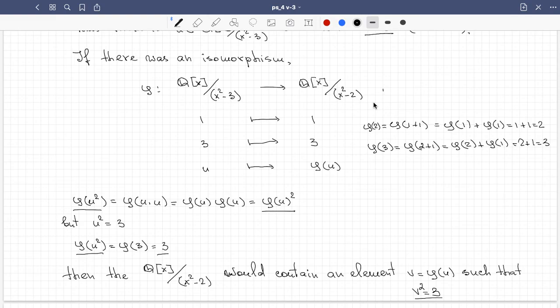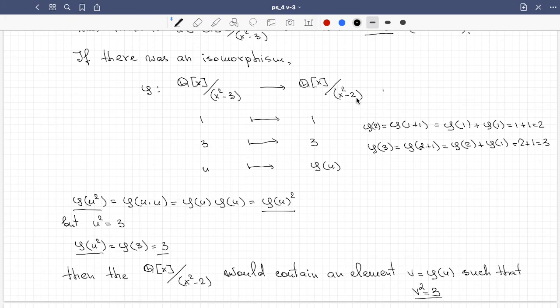So I was trying to make this argument precise, and I hope transparent for you, that this property boils down to non-existence of a root of this polynomial, non-existence of such an element whose square is 3. 3 can be considered as an element of Q, or the class of 3 as an element of this field, 3 in brackets. 3 must map to this 3, so this is the same 3, not this 2.